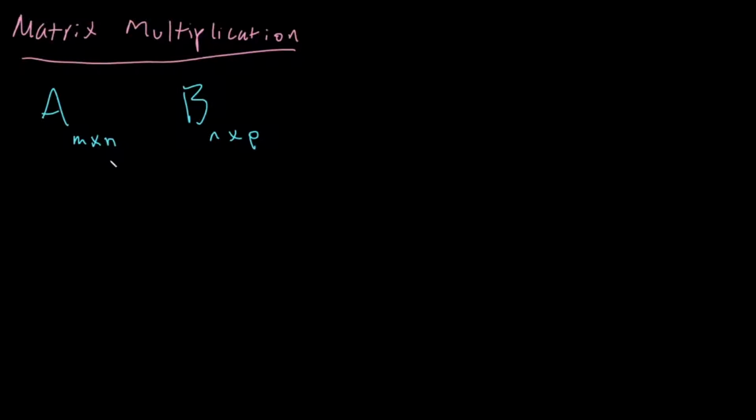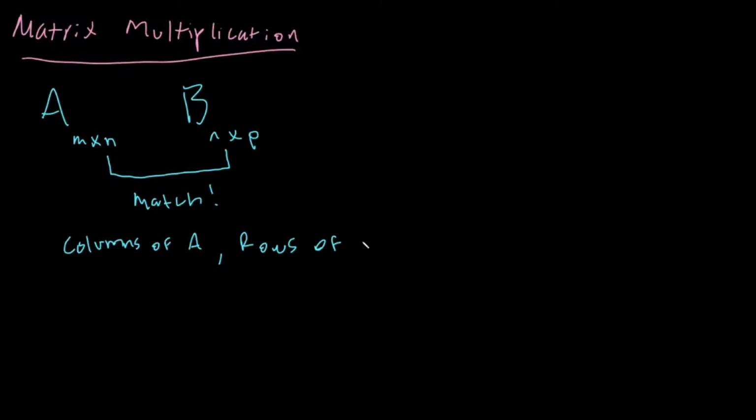In other words, when you write them next to each other, these inner numbers have to match. Notice this is the columns of A and the rows of B. So let's actually put a formal example to it.